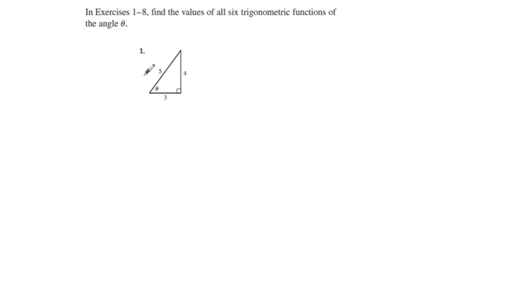As far as what's important to know about the sides of this triangle, you have 3 sides that we need to know. We need to know which side is our opposite side. We need to know which side is our adjacent side to our angle.